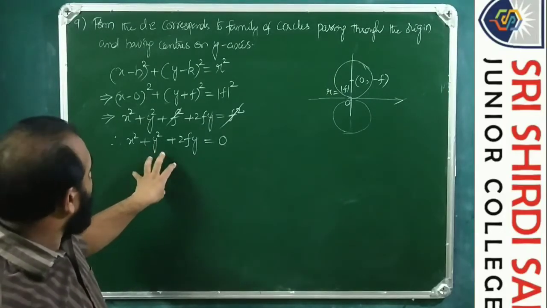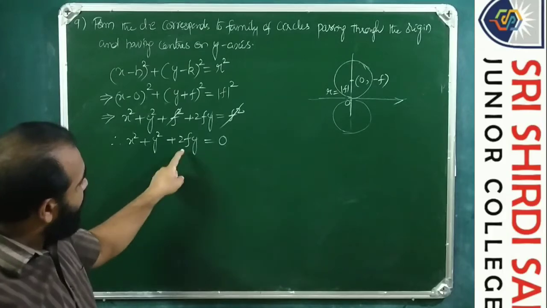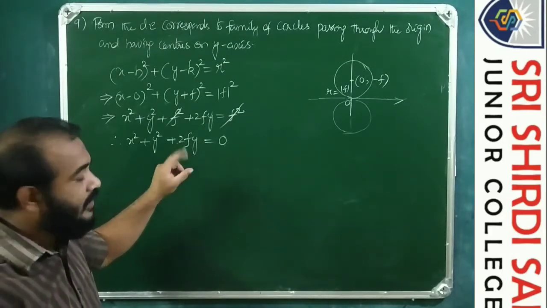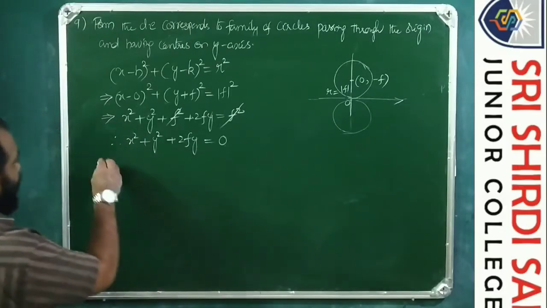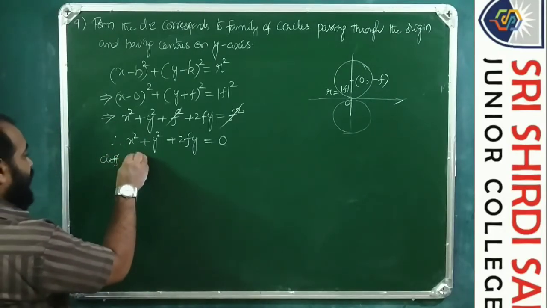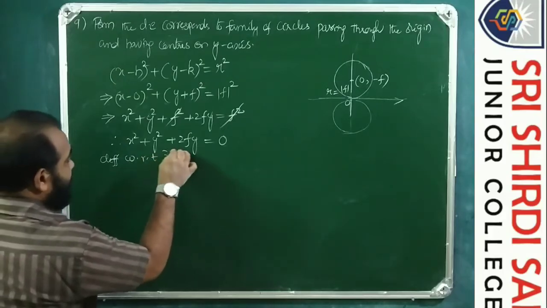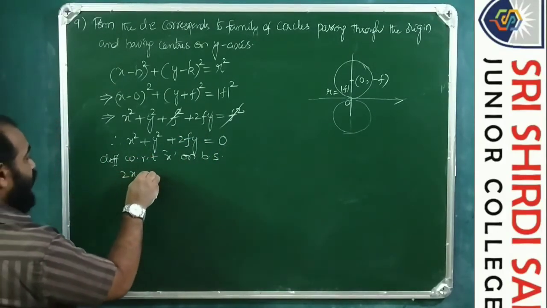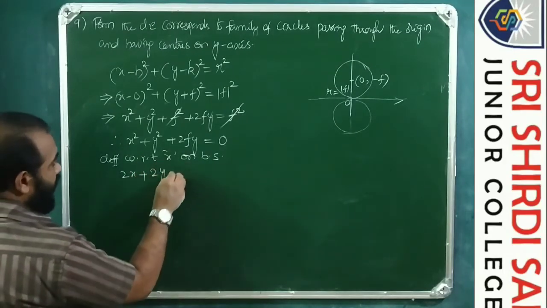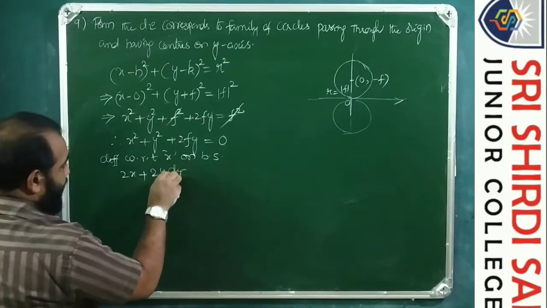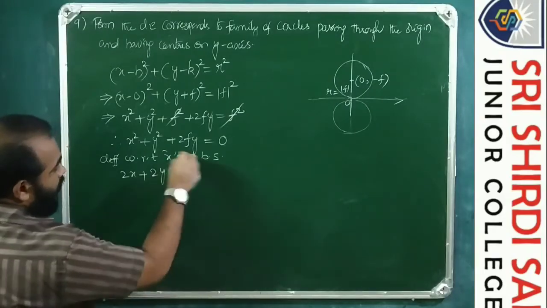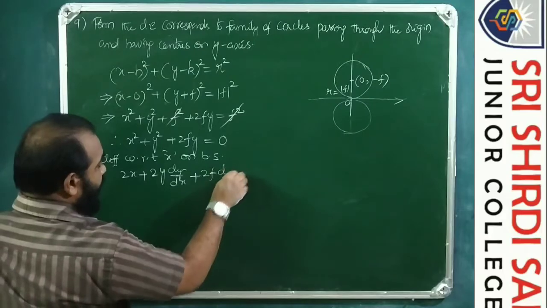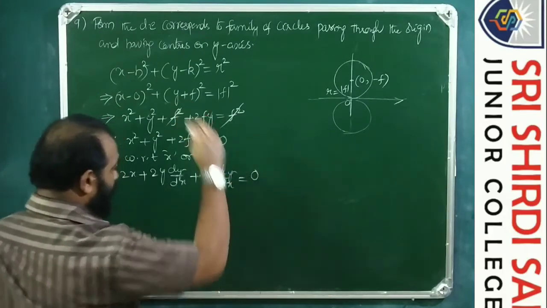Now in this, f being a constant or parameter or arbitrary constant, we need to differentiate it once. So differentiating with respect to x on both sides, x² derivative is 2x, y² derivative is 2y dy/dx, plus 2f into y derivative is dy/dx, equals 0.